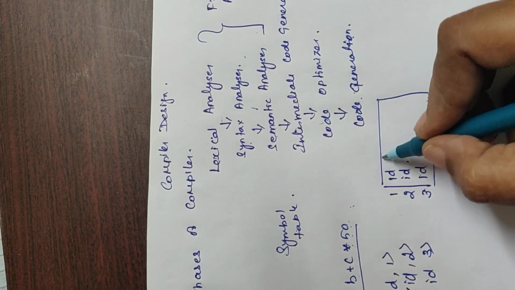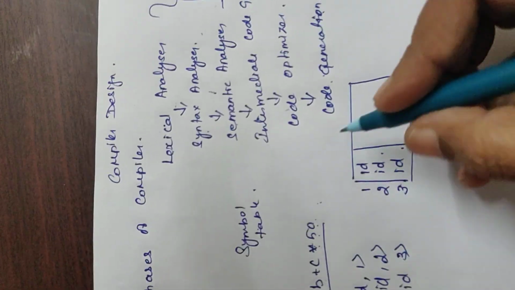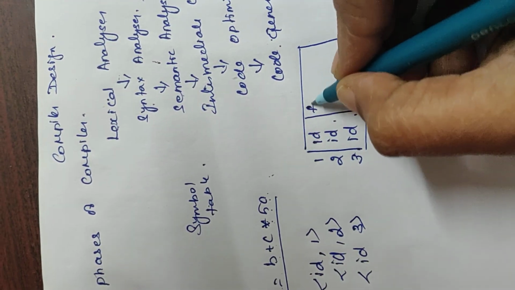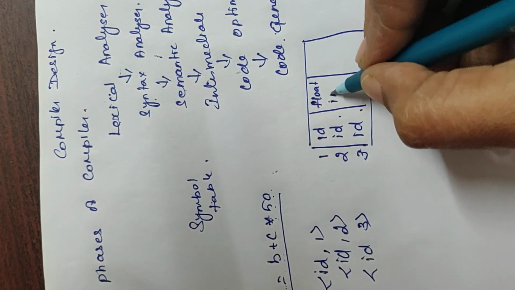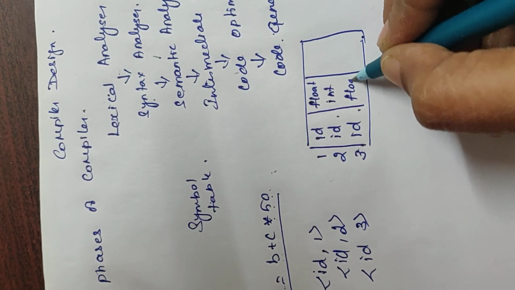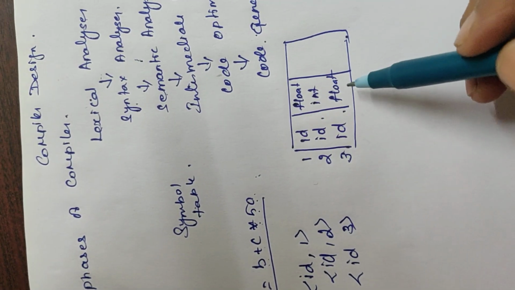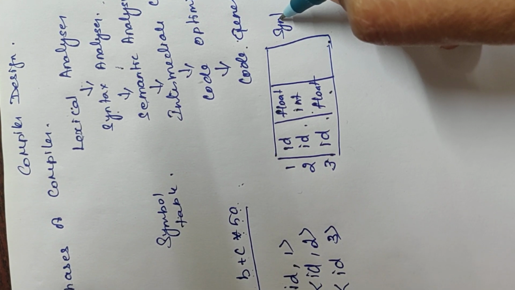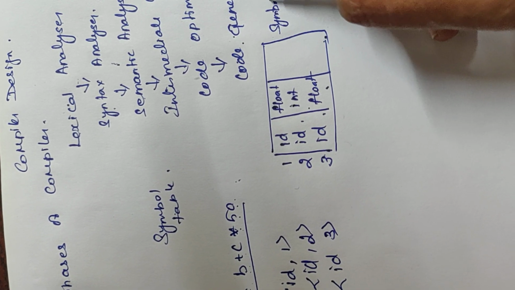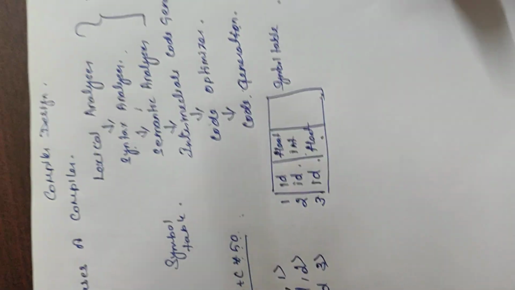This is how it is named. And if suppose we have termed it as float, the type will be placed, let it be int and let it be float. This is how it is stored in the symbol table, and this is your symbol table structure.